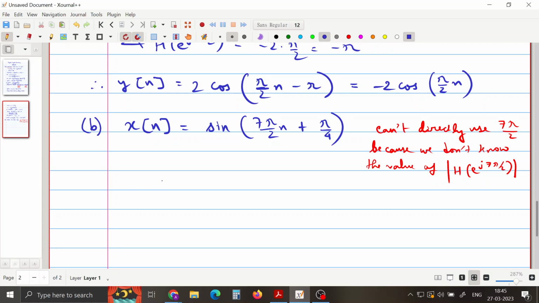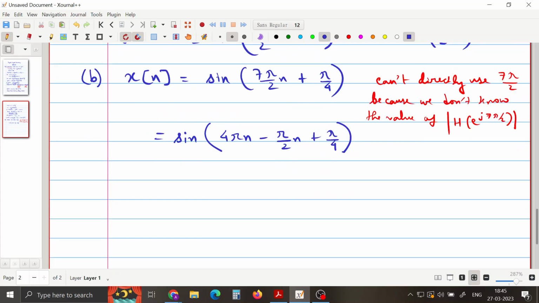So I can write it as 4 pi n minus this plus this. So 4 pi n minus pi by 2n is nothing but 7 pi by 2n. Now see, I have found one factor which involves pi by 2n.